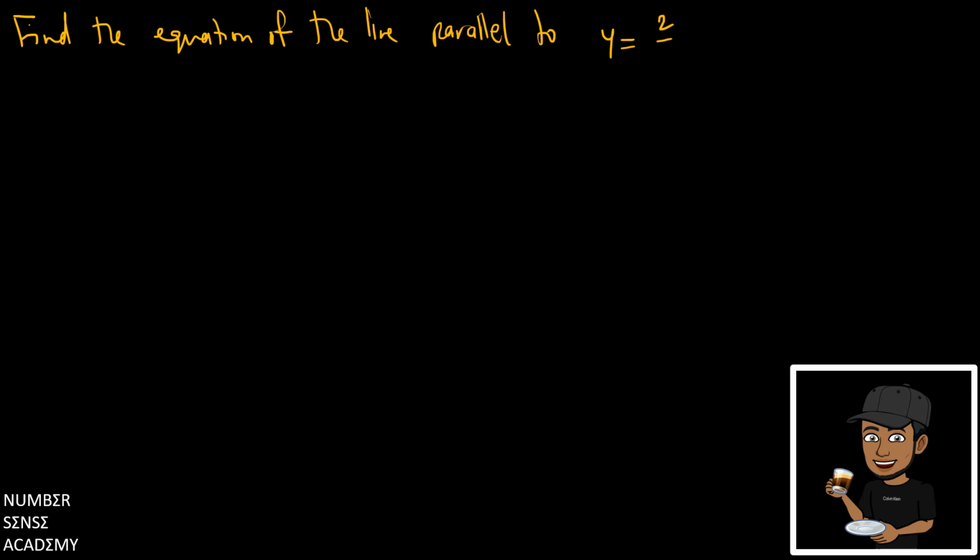Okay, another question. Find the equation of the line that is parallel to y equals 2/3 x plus 1 and crosses the y-axis at (0, -3).